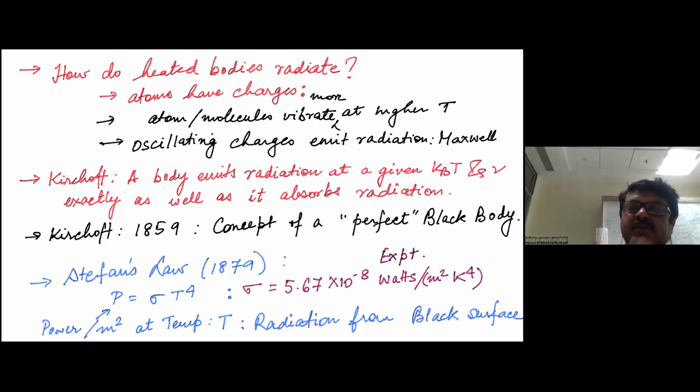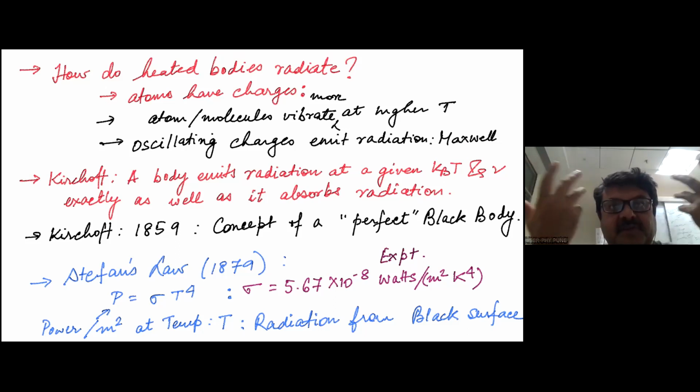But it was seen, though there was this concept of a perfect black body, even all material given a certain temperature have a particular radiation spectrum. Even the light which comes out from the sun, the surface at 6,000 degrees centigrade, has a certain energy spectrum. The way we see light, the visible light, that's the peak, and that's why we can.